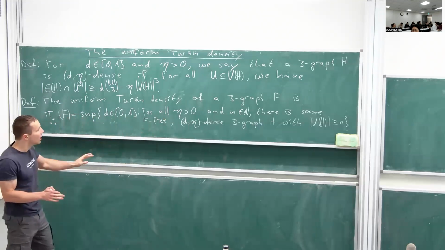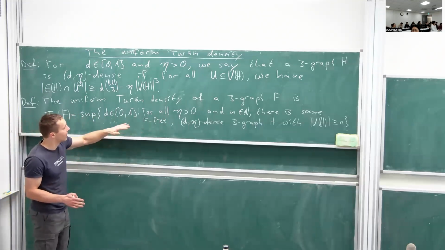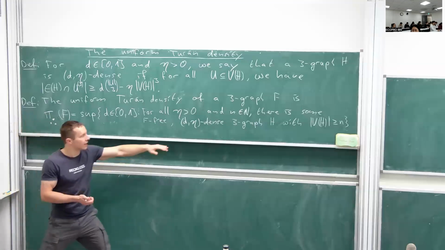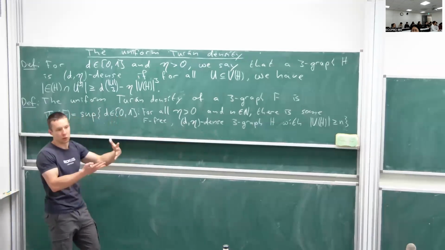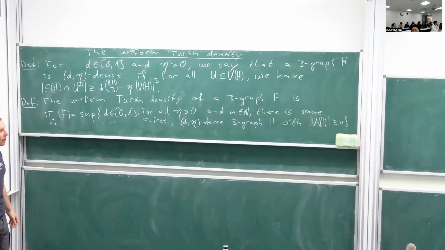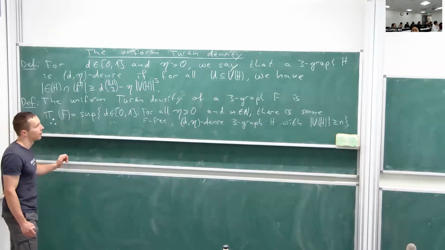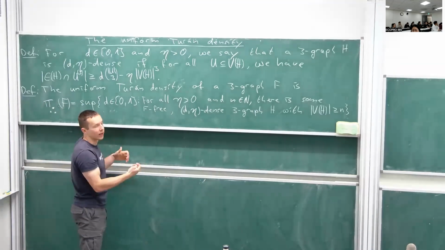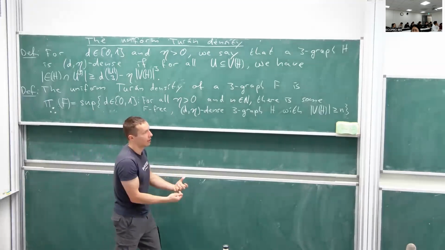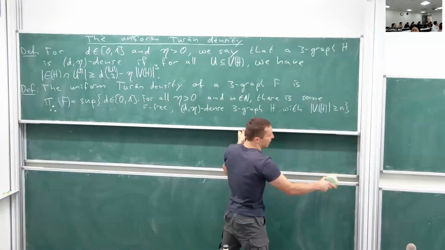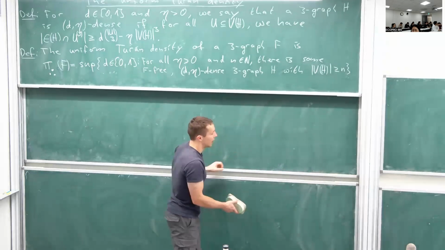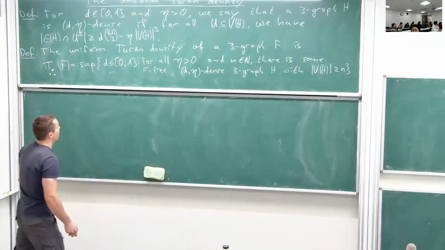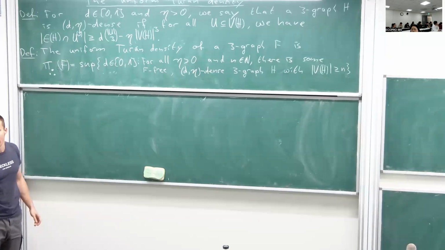Okay, but still, I hope that you all agree that this is essentially what I said before: the threshold in this form of local density above which we are forced to contain some k-graph F. Because we need it for all error terms, we can make the error term arbitrarily small, and still with this density we would want to contain an F.